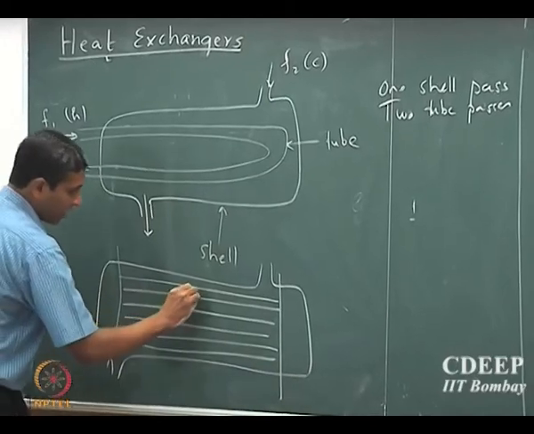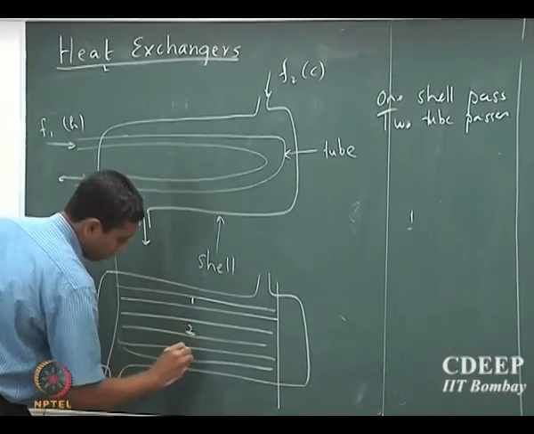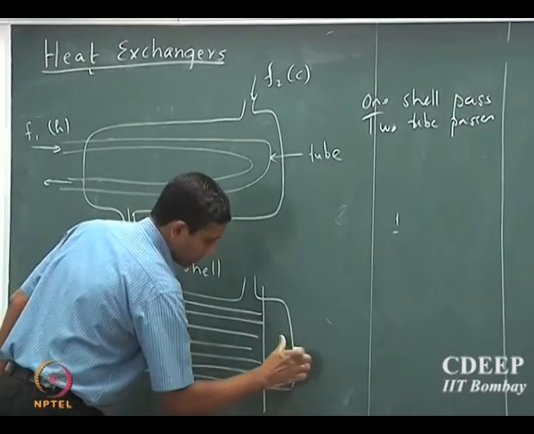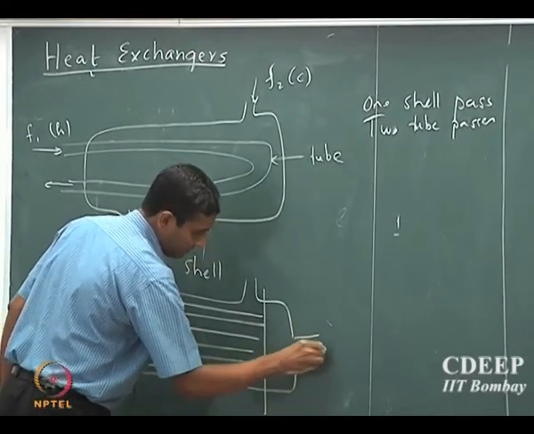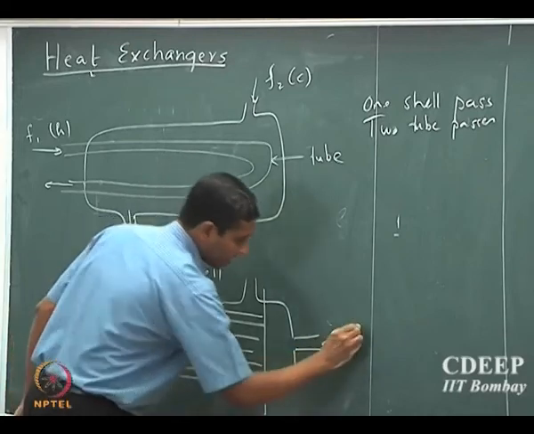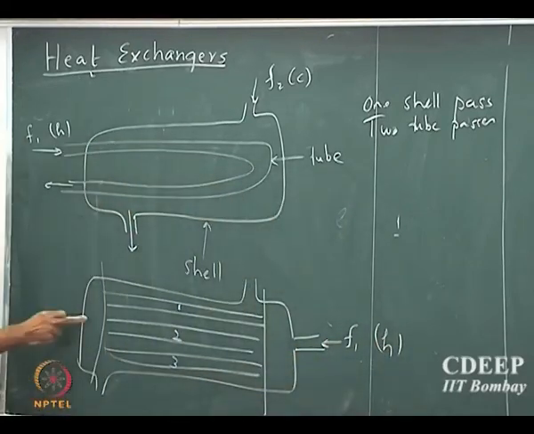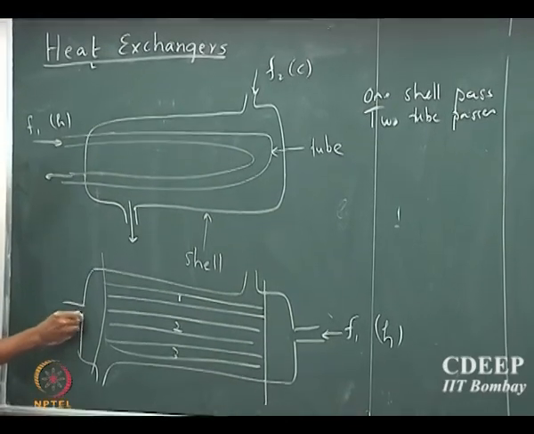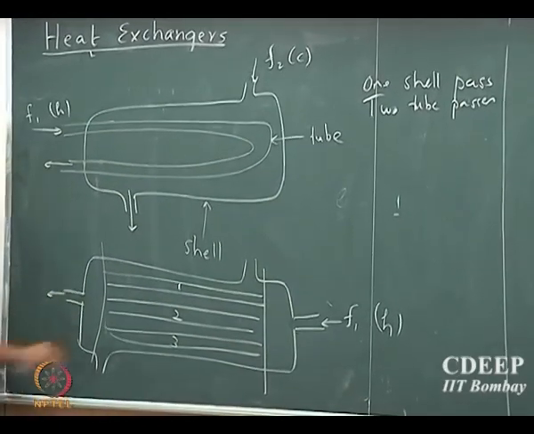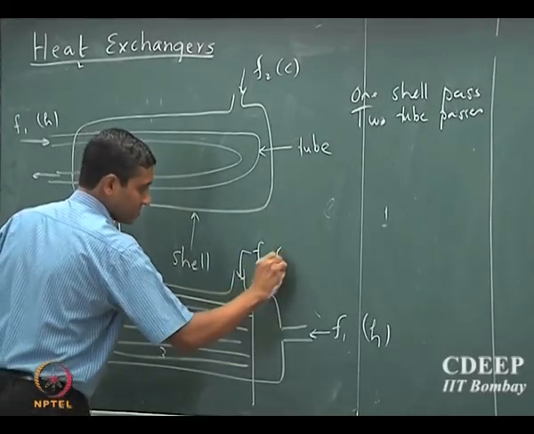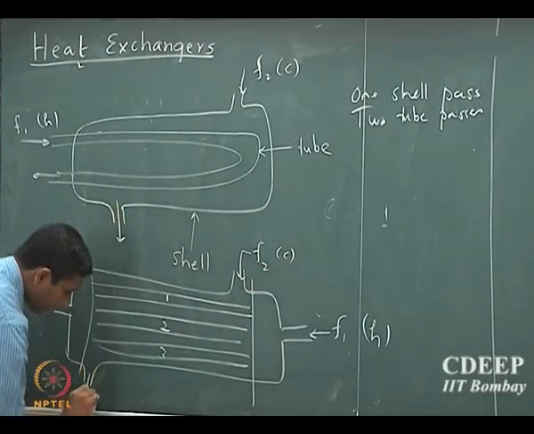okay. So I have three tubes, tube 1, tube 2 and tube 3. Now I have an inlet stream here, and let us say this is F1 and this is hot fluid, and I have an outlet stream here, and this is, let us say, the cold fluid which comes in and goes out.